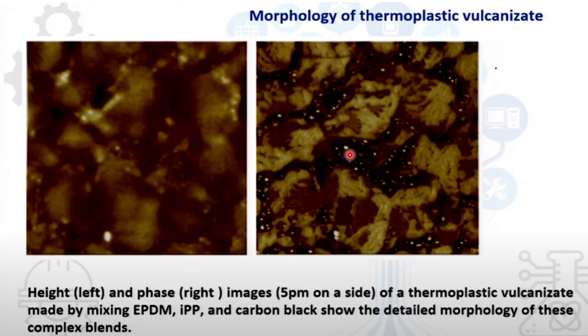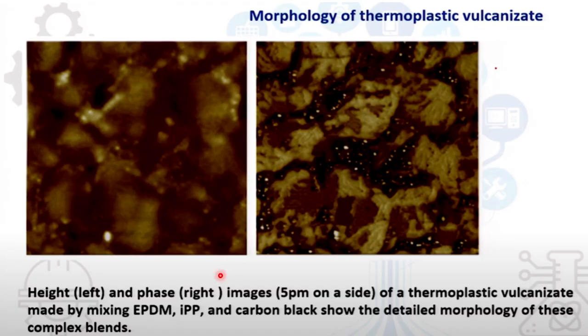You should provide both the height image and phase image, then only it will make sense. Because until you provide the phase image or height image, I cannot disintegrate whenever the cantilever is tapping, whether it is because of the height, or because of the presence of different phases, that is why it is probing the force.